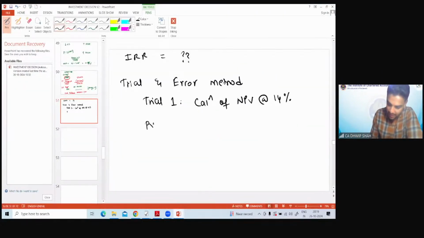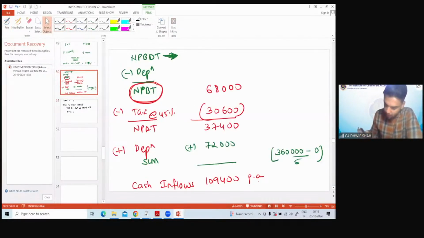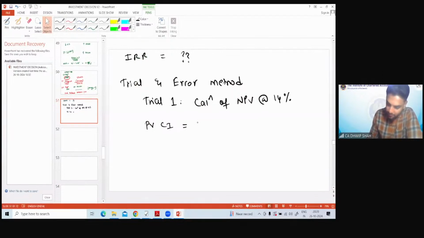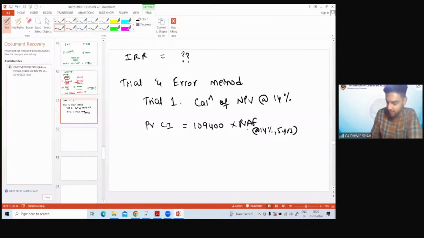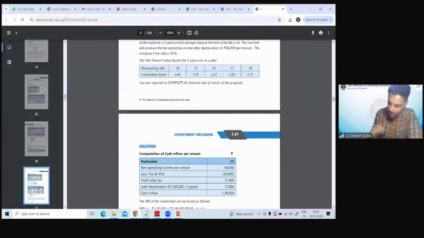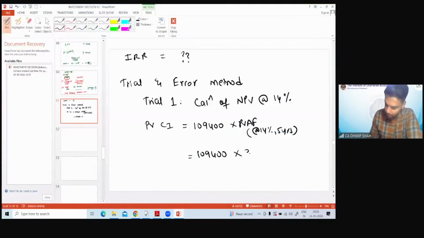My PVCI will be my cash inflows per annum, 109,400, multiplied by the PVAF factor at 14% for 5 years, and that is given in the question. 109,400 multiplied by 3.43. So my PVCI comes to 375,242.